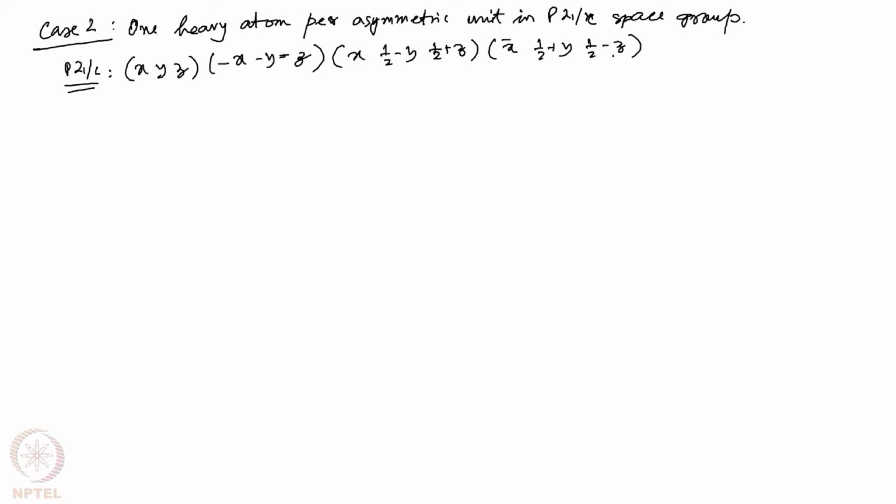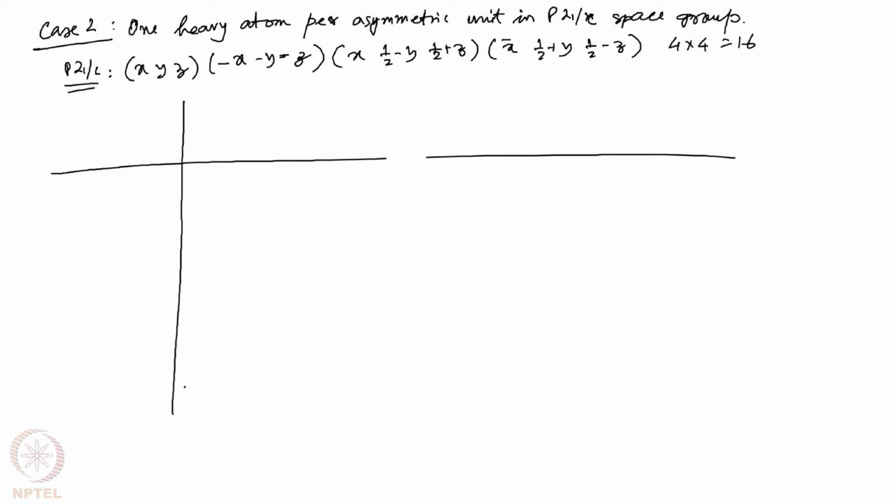The vectors will be 4 into 4, that is 16. So what are those vectors? Let us try to get those vectors right for all these 4 symmetry-related positions.